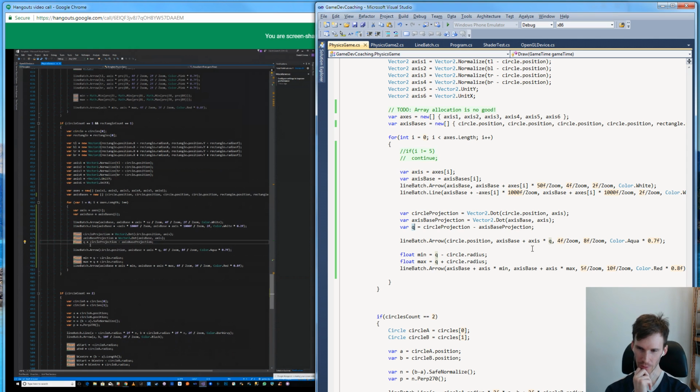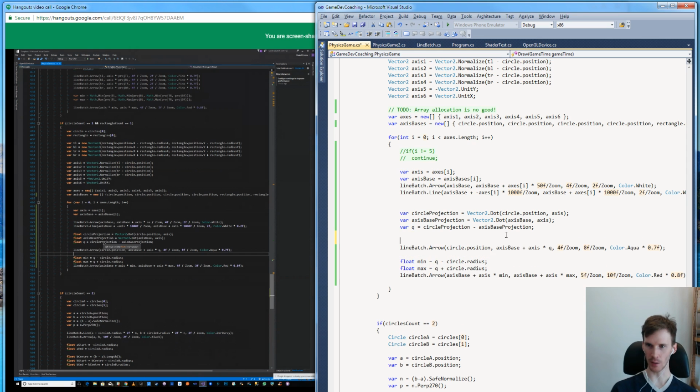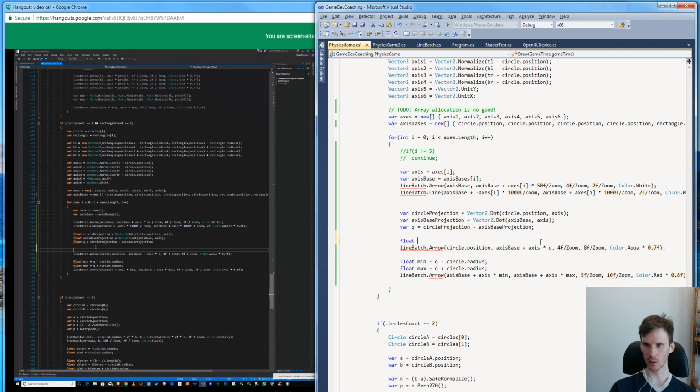Now, I'm thinking about this more, and what we really have is this situation. Let's split this one out. I know I got rid of A prime before, but let's say that this is float. This is axis times... Sorry, I'm just having to think about this.